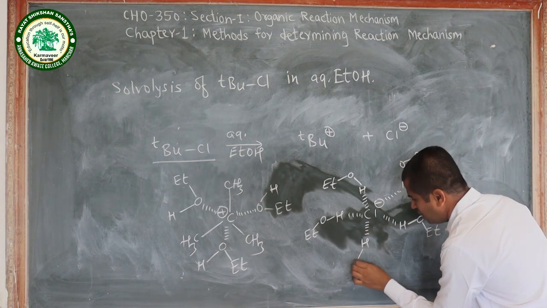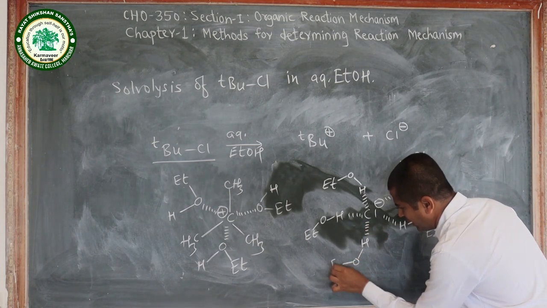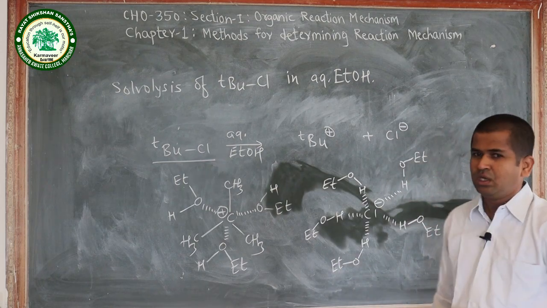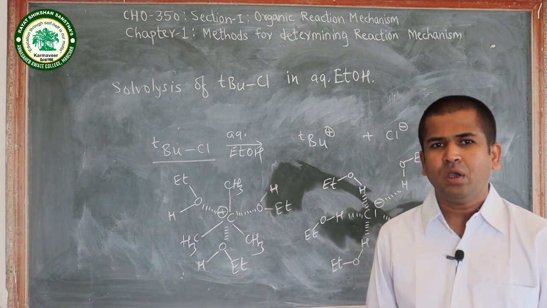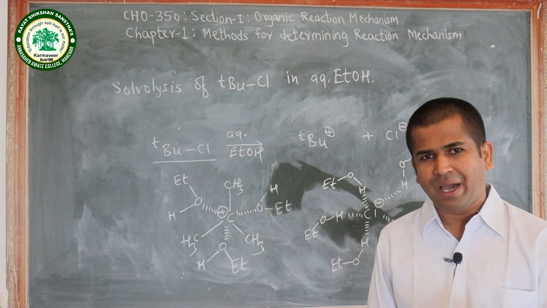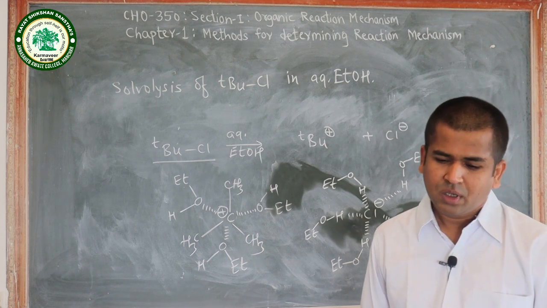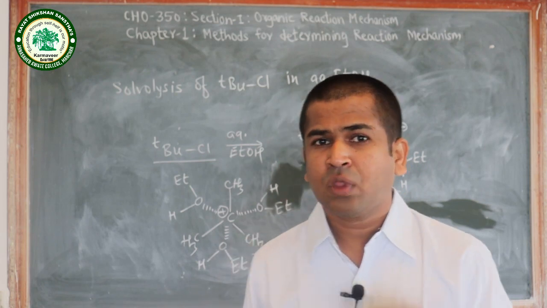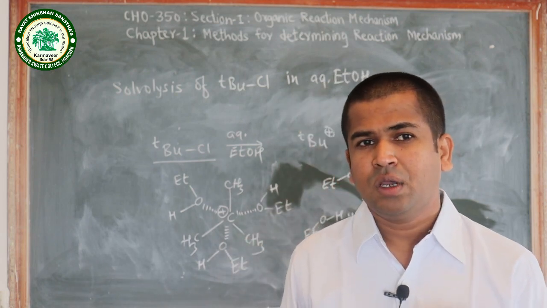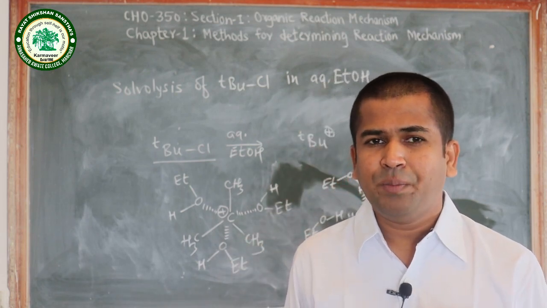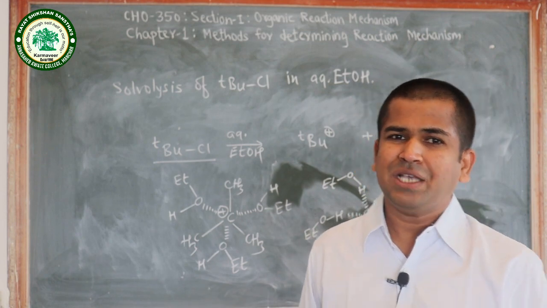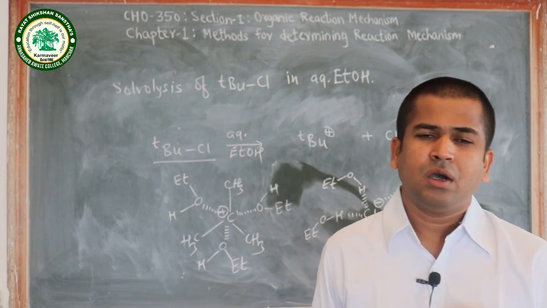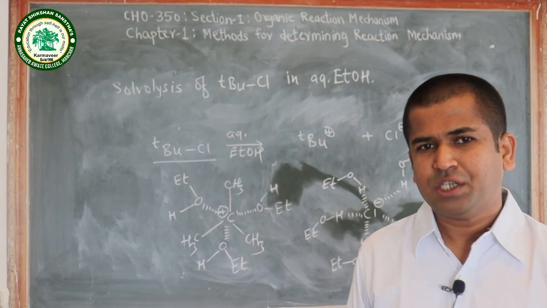So here also the degree of freedom of chloride is lost due to solvation by the solvent molecule. Okay. So this is about how we compare a rate of reaction by studying the entropy of activation of a reaction.